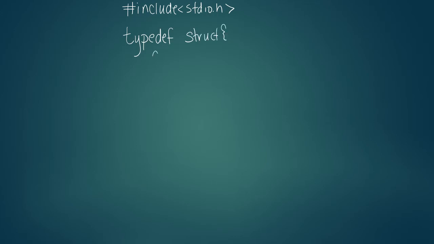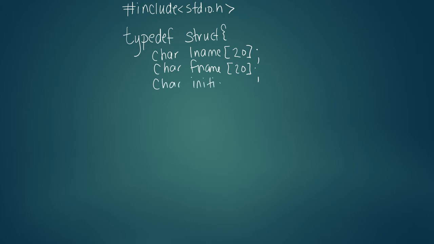Inside, I'm going to have a character array for the last name, a character array for the first name, and a character for the initial. That's just a single character. I will also have an integer for the ID and a double for the GPA.